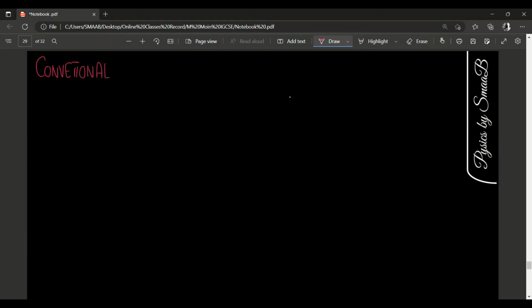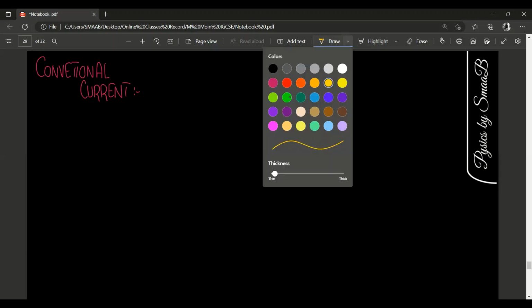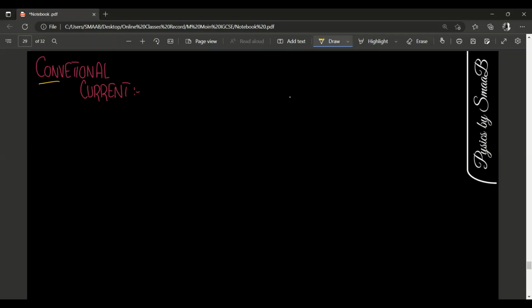Conventional current, right? Yes. So conventional current means that charge will flow from positive to negative.